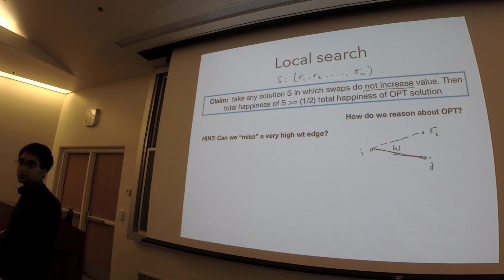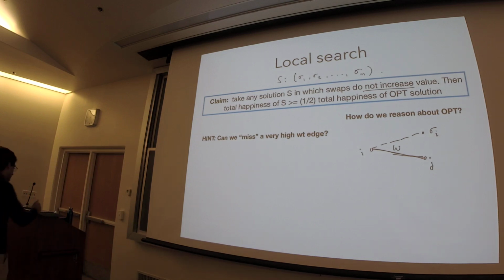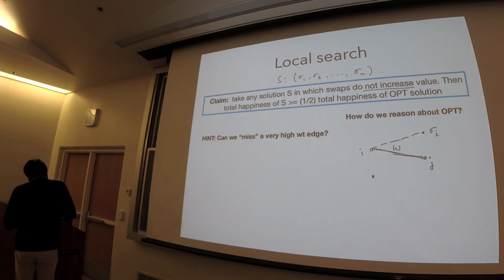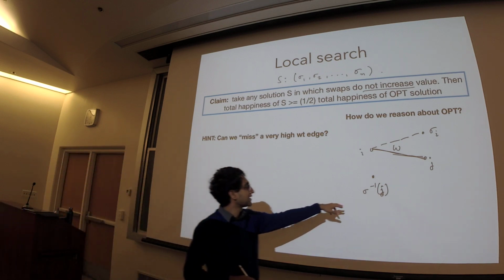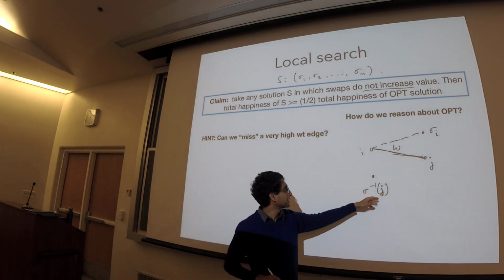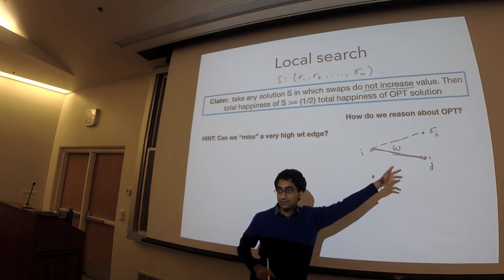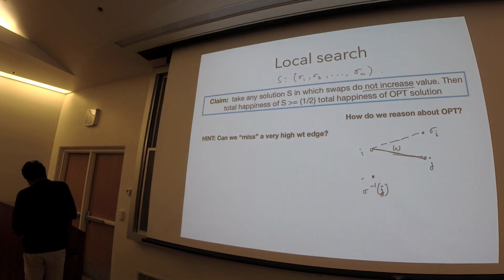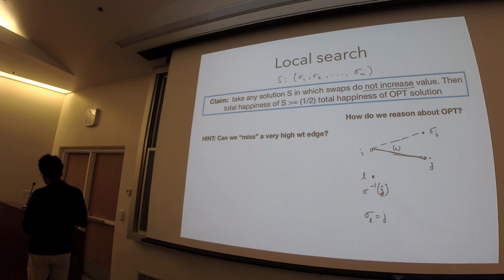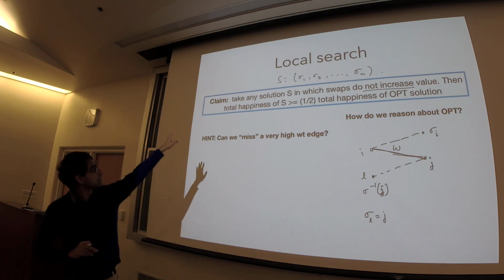We don't have a name for that, but let's call this person sigma inverse of J. This is some value L with the property that sigma L is J. So L is the person who was assigned the gift J in this locally optimal solution.